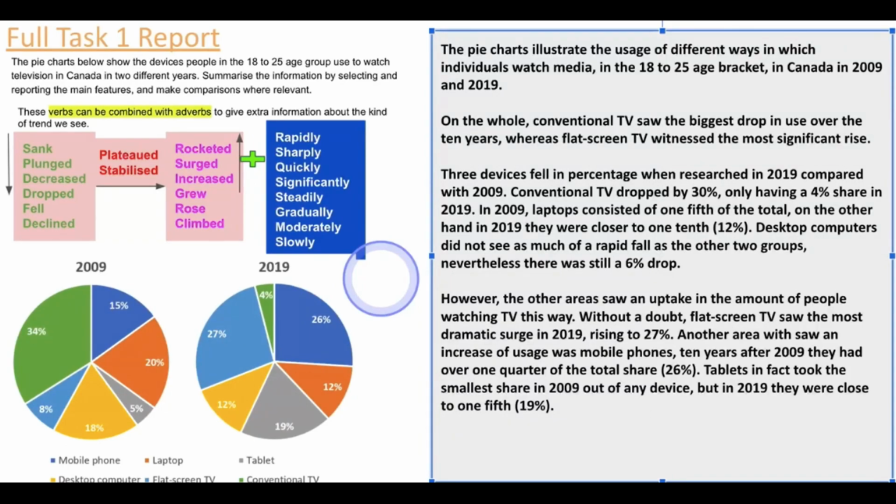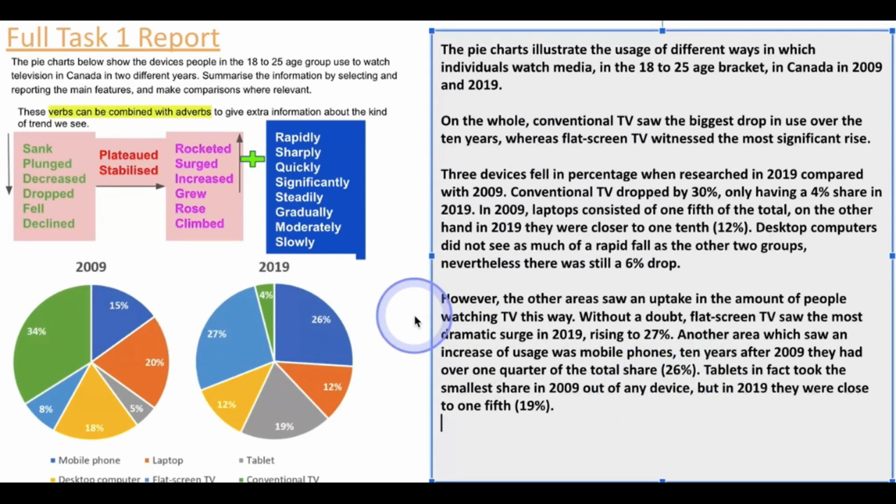However, the other areas saw an uptake in the amount of people watching TV this way. Without a doubt, flat screen TV saw the most dramatic surge in 2019, rising to 27%. Another area which saw an increase of usage was mobile phones. 10 years after 2009, another way of saying 2019, they had over 1/4 of the total share, 26%.